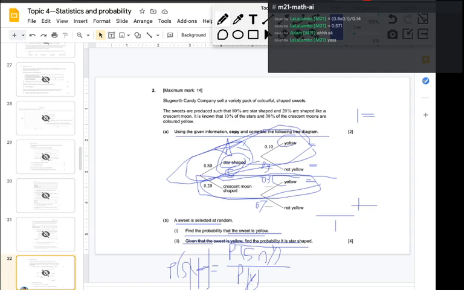Alternatively, you can think of this as a Venn diagram. Let's say this is the type of sweets, this is star shape, and the other side is crescent. And then this is yellow or not yellow. It's like saying that if you're considering this area, what is the chance of getting this part?